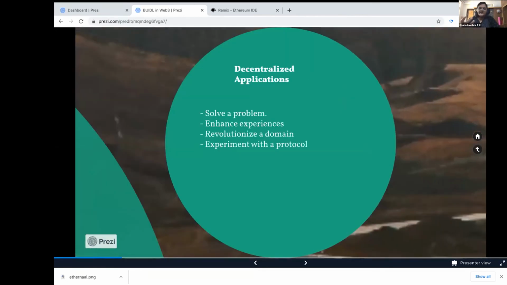Now, taking a look at each of these things: what are decentralized applications and what do you build? Essentially, when we talk about building, if you want to solve a particular problem, suppose an example could be that right now you think that any of the cab services like Uber or Lyft, or in India we use something called Ola, these are all very centralized in nature.